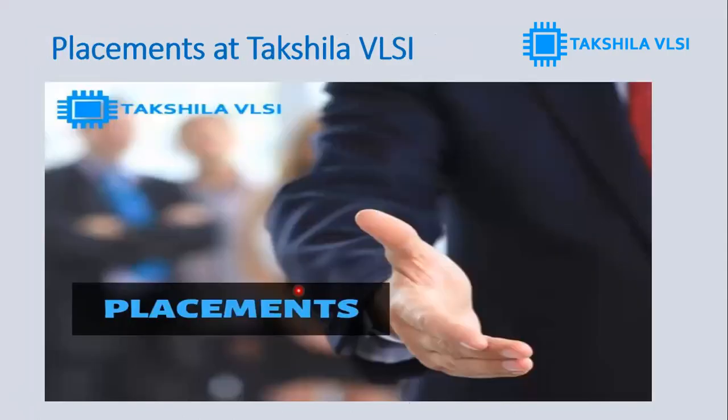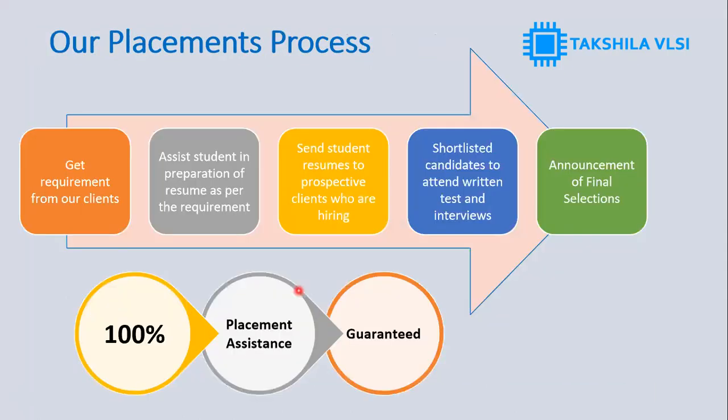So this is about all the technical part, that is from specifications till the fabrication and ready with the chip. So now we'll discuss about the placement process. So we'll get the clients. So we have around 20 to 30 types of the clients or the companies.